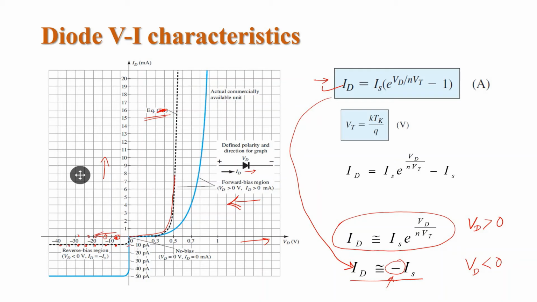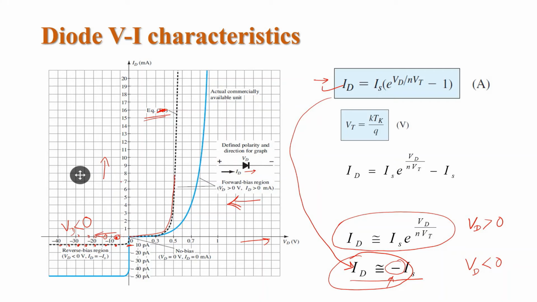IS being a constant, let's say IS is 10 picoampere. Even if we make VD more and more negative, the ID is saturated to the minus IS current level. So this approximation is reflected in this VI characteristic when VD is less than 0.